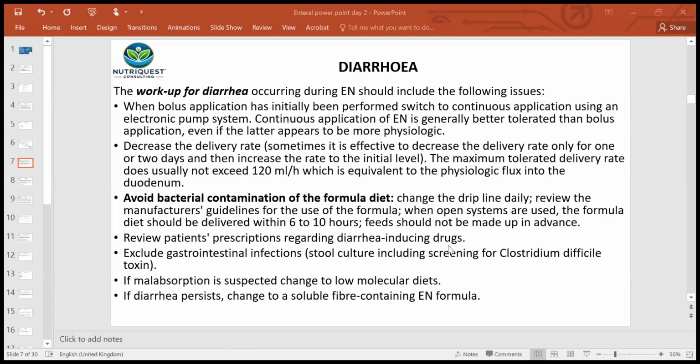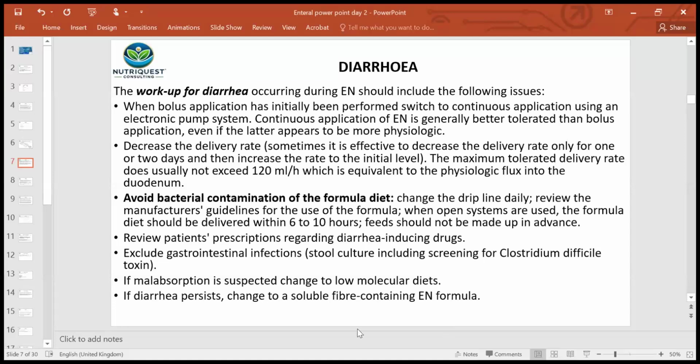So make sure you do review the treatment sheet, and if you don't have anything to support, you can inquire. Then we can assist. We are here to consult and support each other. So the treatment sheet is important for us to see. As you've seen in the flow chart, medications could be the cause of diarrhea. Then, of course, exclude gastrointestinal infection, that is stool culture, including screening for Clostridium difficile toxins. That is very important.